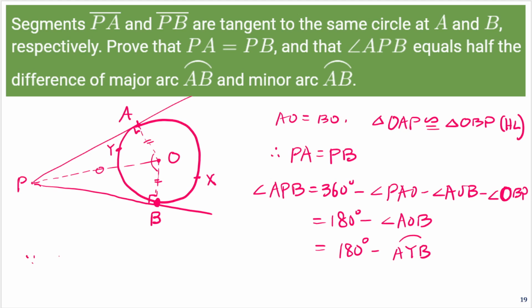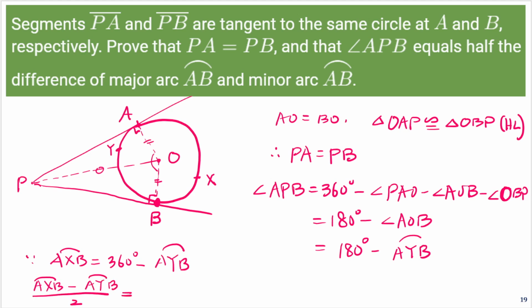Since we know that the arc AXB equals 360 degrees minus the arc AYB, we also have the arc AXB minus the arc AYB over 2 should equal 360 degrees minus 2 AYB over 2, which gives us 180 degrees minus arc AYB, right?